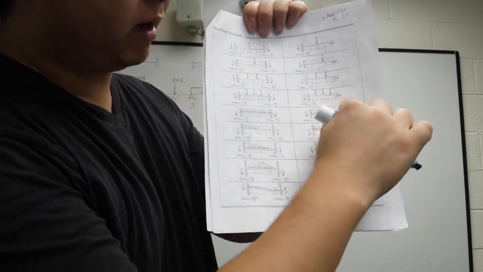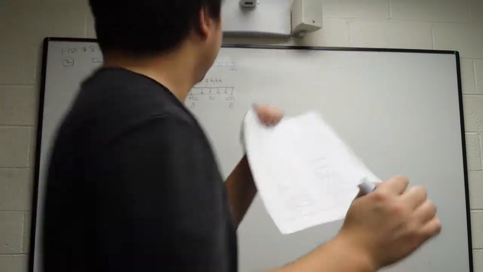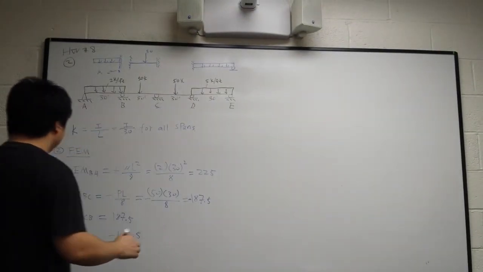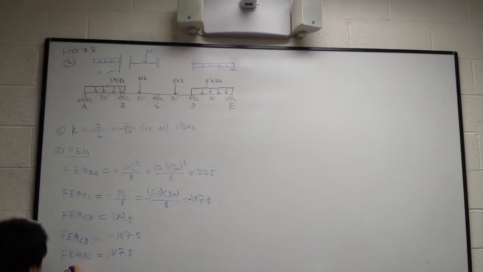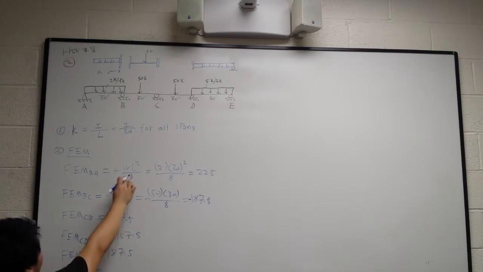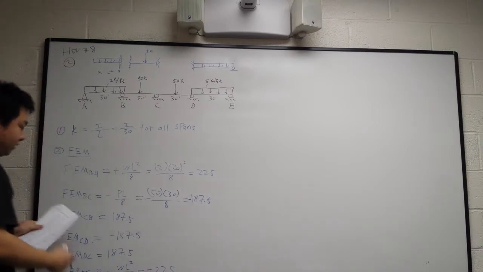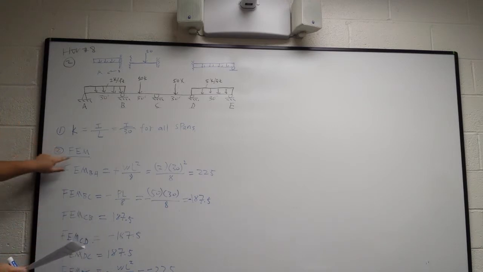So it's from left to right, so it's negative. For DE, you're going to have the same formula, but this time it's negative, same numbers, so negative 225. So now we have all the fixed end moments.